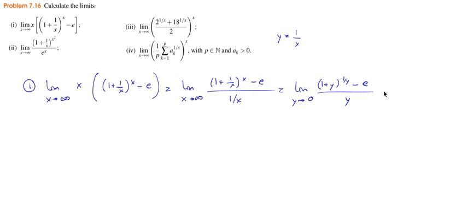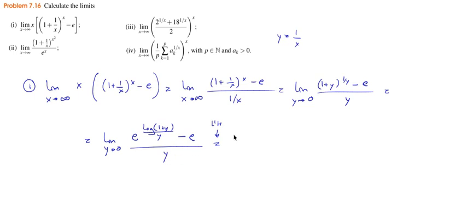And we can rewrite this expression, as we have done in previous problems, as e to the (logarithm of 1 plus y over y) minus e over y. And again, this is going to be 0 divided by 0, because the limit of the logarithm of 1 plus y over y when y goes to 0 is 1. Okay, this is one of those asymptotic equivalences that we know.